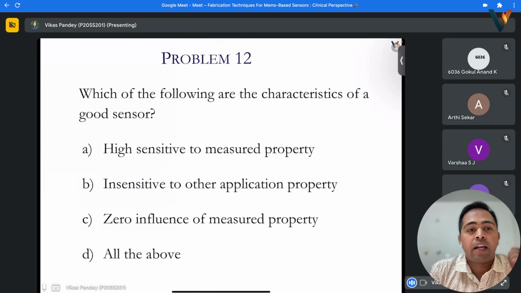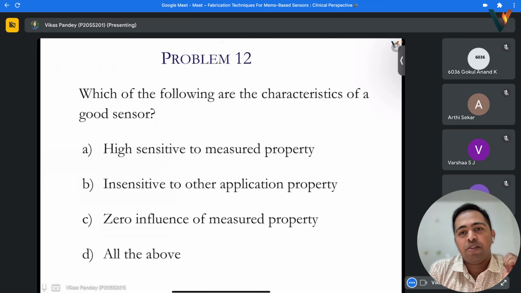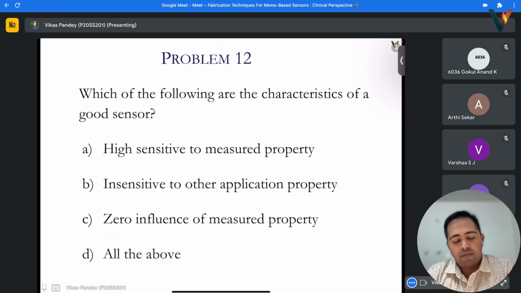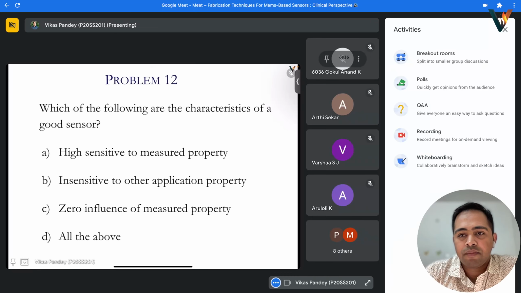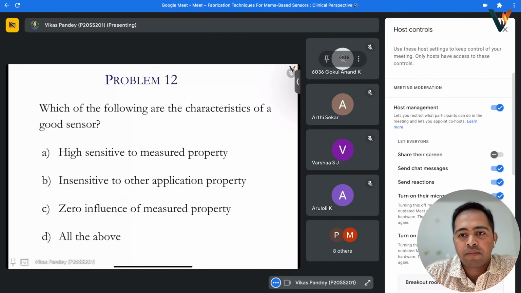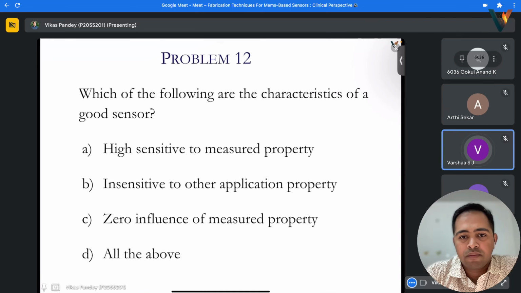Which of the following are the characteristics of a good sensor? We have already discussed it a bit. So anyone? All of the above.